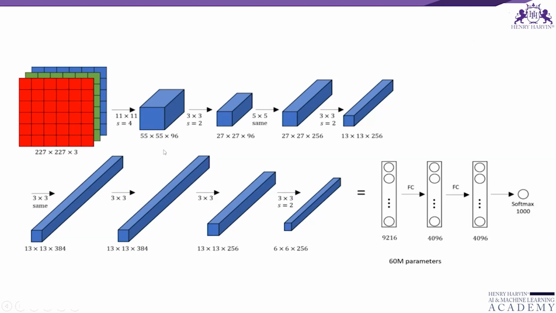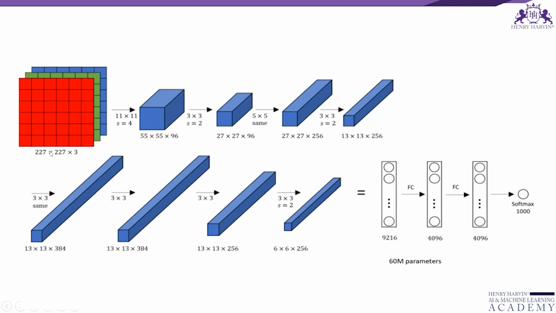In that, you can see that it has 96 different kernels, each kernel of size 11 into 11, and the stride is equal to 4. The output of the first convolution layer gives you 96 different channels or 96 feature maps, and each feature map contains features of size 55 cross 55. So this is the output we have received: 55 into 55 into 96.